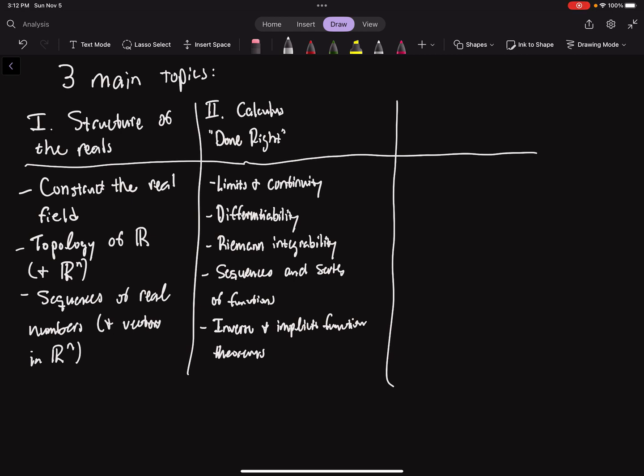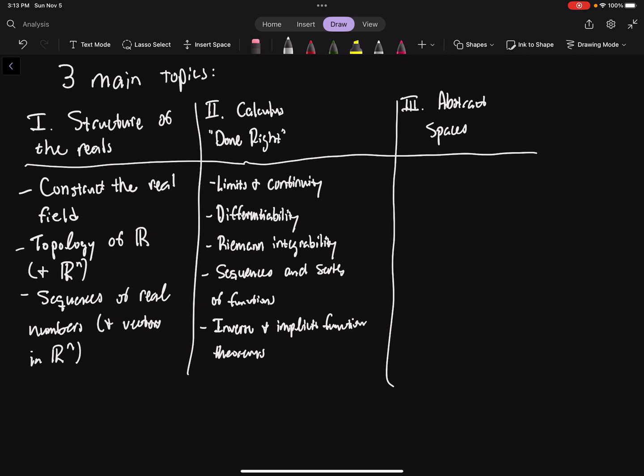The third topic, I'm going to call it abstract spaces. And you might say, well, what the hell does that mean? Well, basically we're going to take a lot of the notions that we learn in the first two topics and think about how they can be generalized to a much more abstract setting. And you might say, well, that sounds really weird.